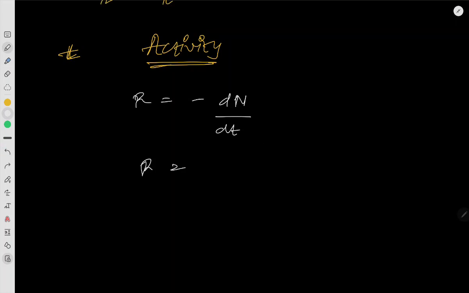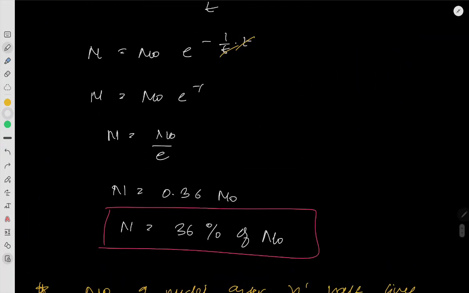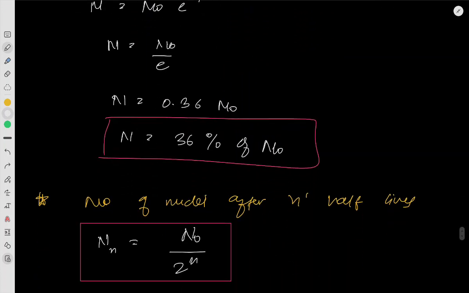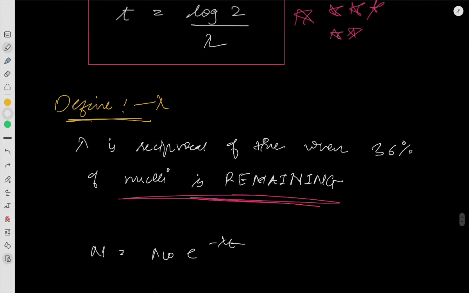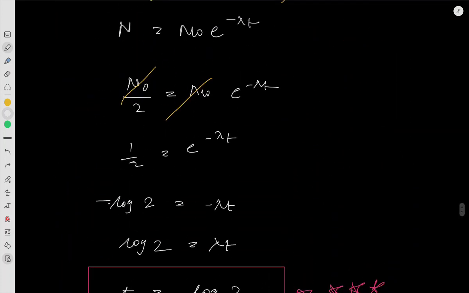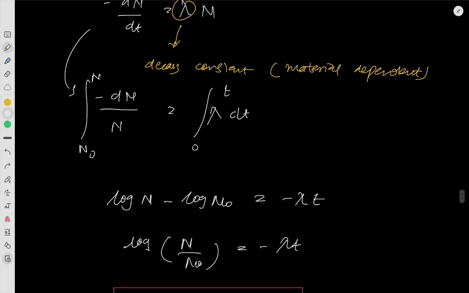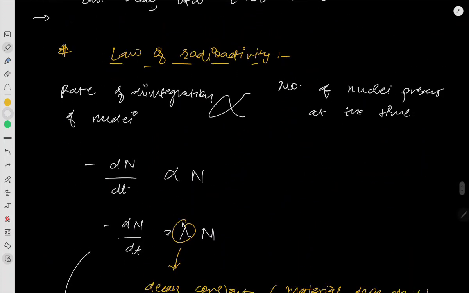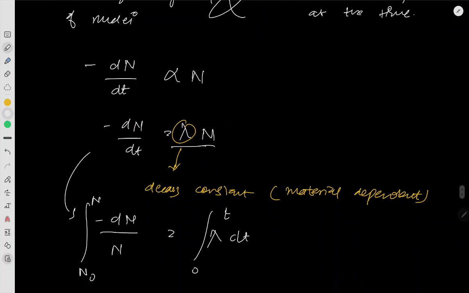We derived from the previous formula over here, dN by dt equals lambda times N.